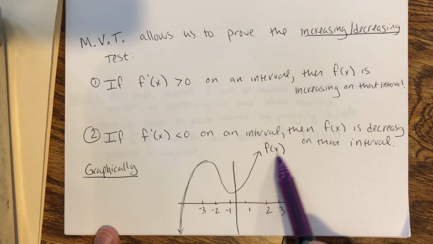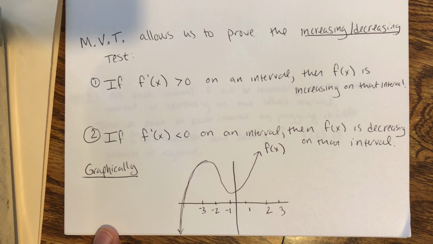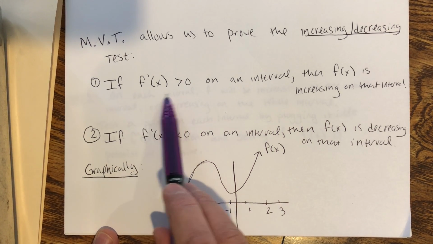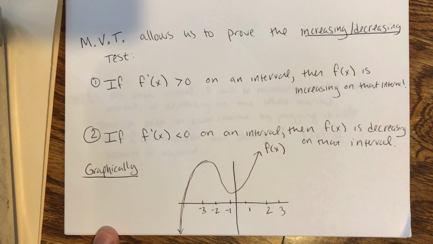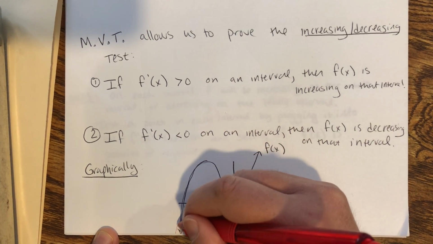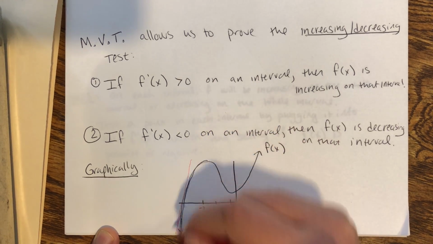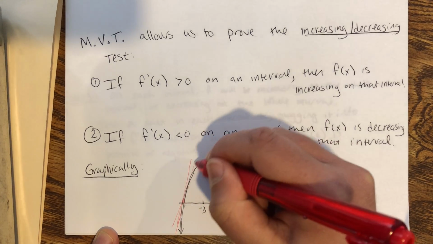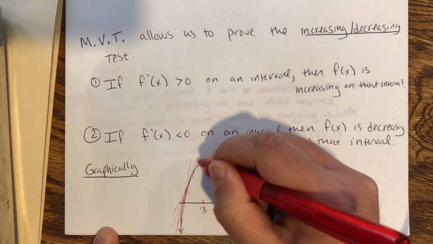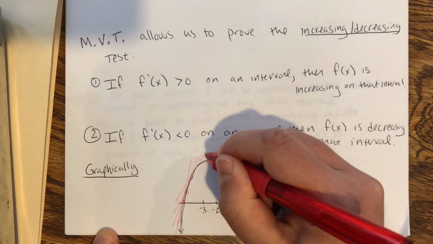If this is our function f, and we think about where the derivative is positive, derivative represents slopes of tangent lines, so we're asking ourselves, where does a tangent line have positive slope? Well, here, if we draw on this tangent line, certainly it's positive. And as we start moving our point and looking at other tangent lines, they're going to keep being positive.